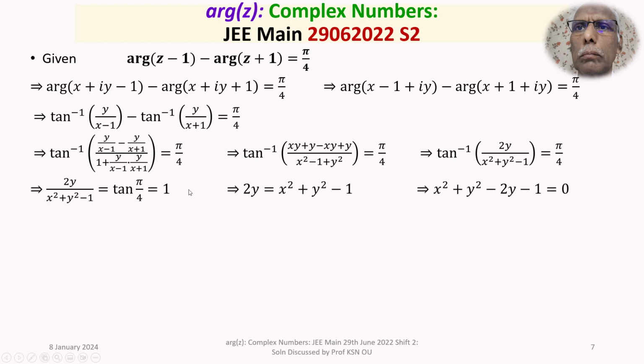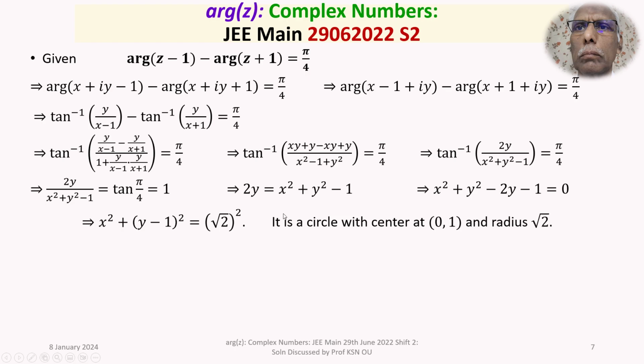Now cross multiply, we get 2y is equal to x square plus y square minus 1. Simplifying, we get x square plus y square minus 2y minus 1 is equal to 0. This can be written as x square plus y minus 1 whole square is equal to root 2 square. So it is a circle with center at 0, 1 and radius root 2.